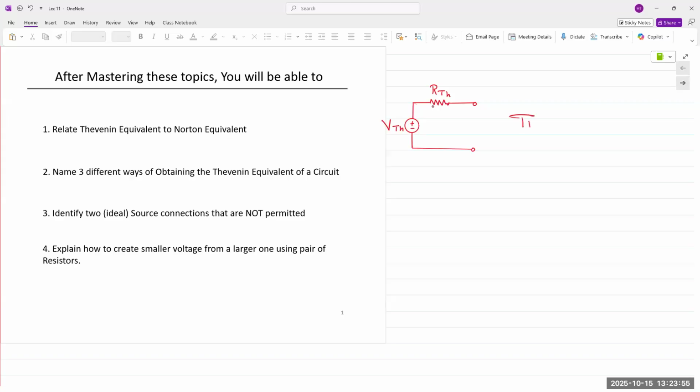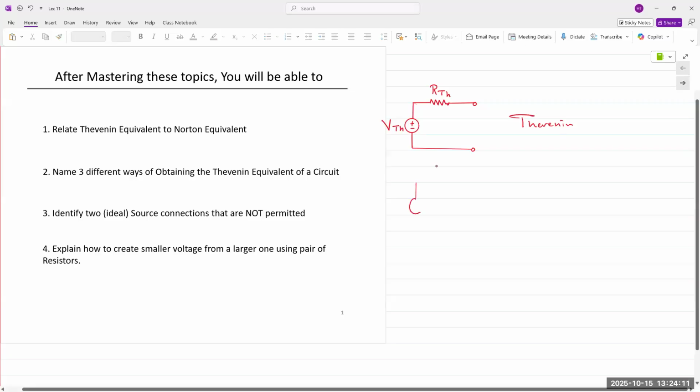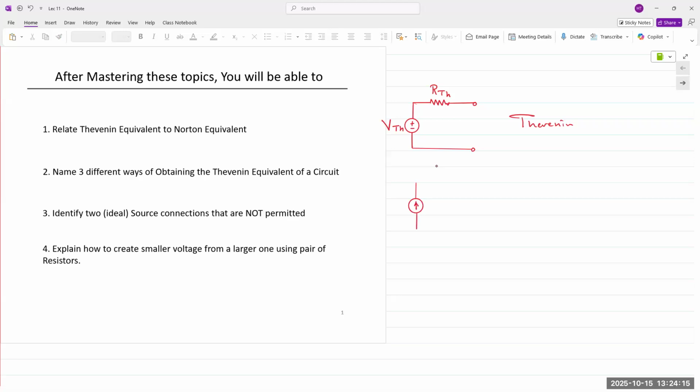And so this is Thevenin, and this is Norton. The output pair of terminals remain the same. They do not change.